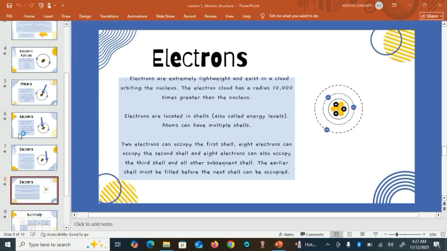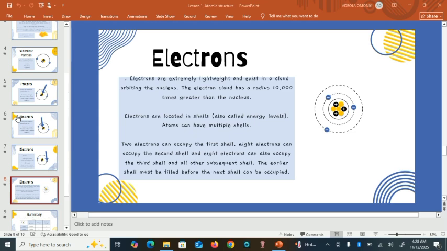That is called the duplet rule, spelled D-U-P-L-E-T. The duplet rule states that two electrons can only occupy the first shell, which is the first energy level.